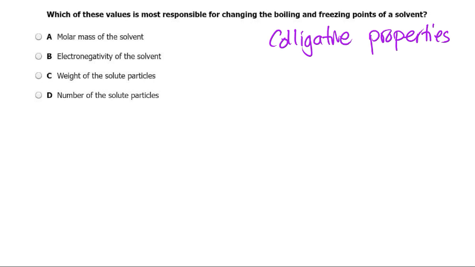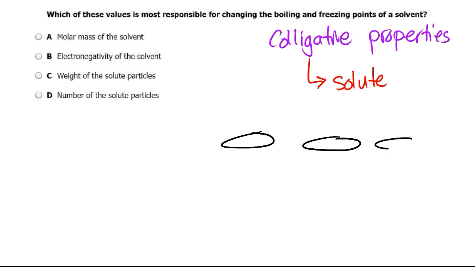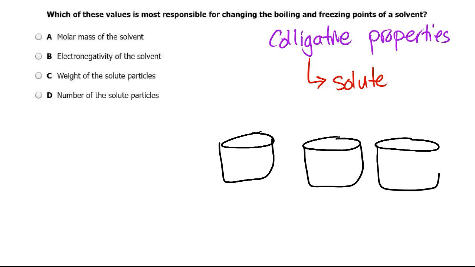A colligative property can often come from the solute that is dissolved inside. So suppose we have a couple of different aqueous solutions. Aqueous means they're going to be based in water as a solvent.